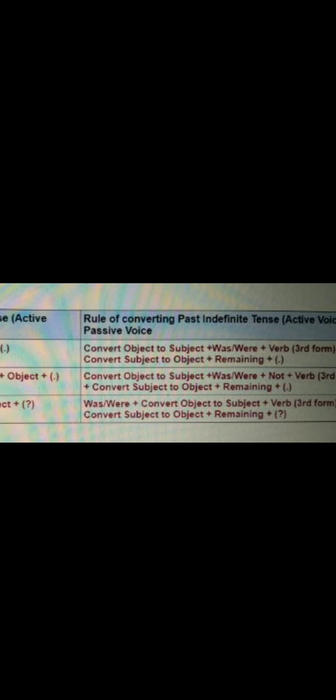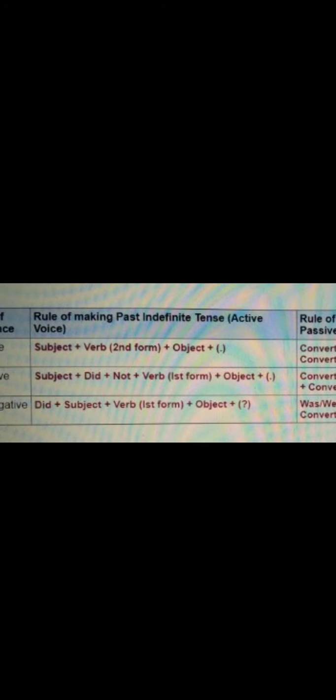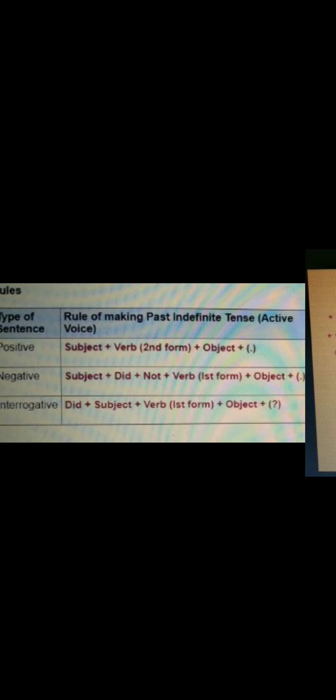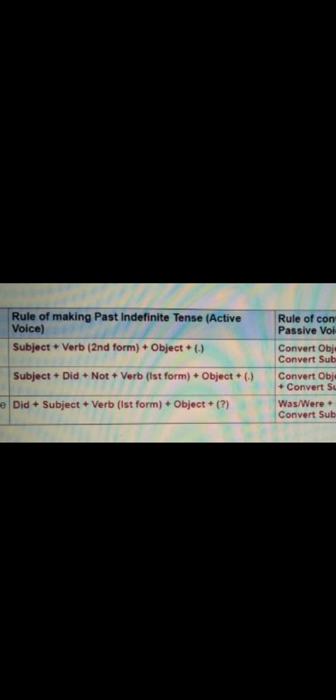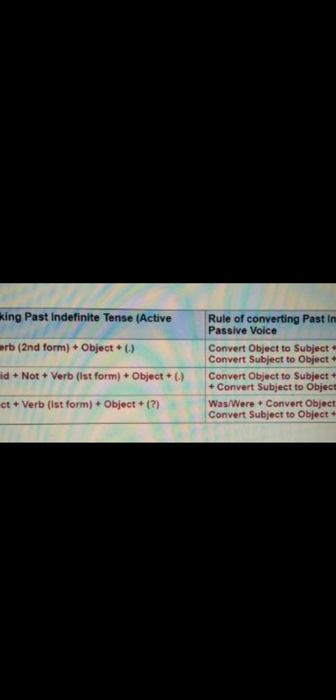To convert into passive voice, the formula is: convert object to subject, then helping verb was or were, then third form of verb, then by, then convert subject to object, then the remaining part. In negative sentences, subject then did not, first form of verb, object, and full stop, as I told you last time.